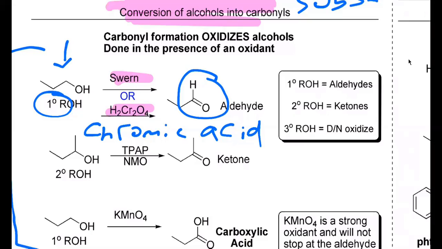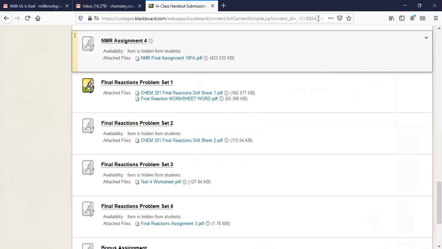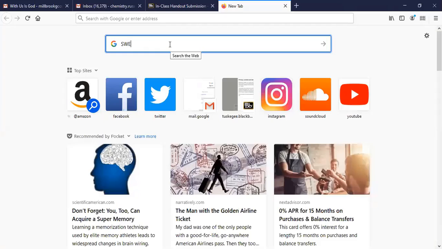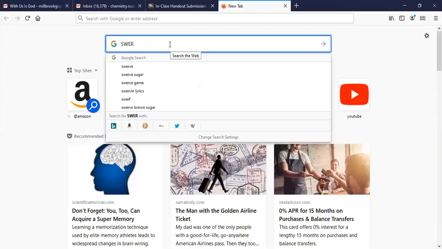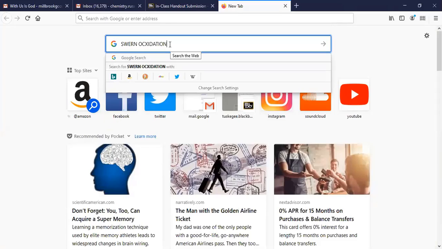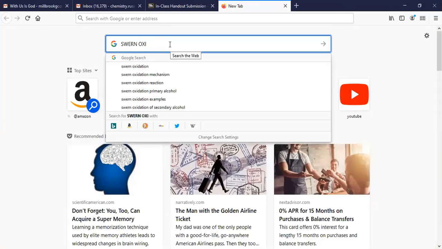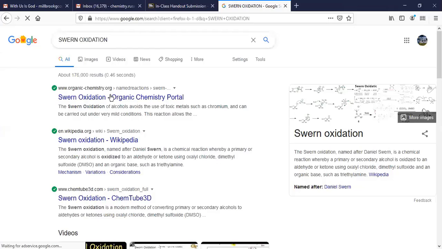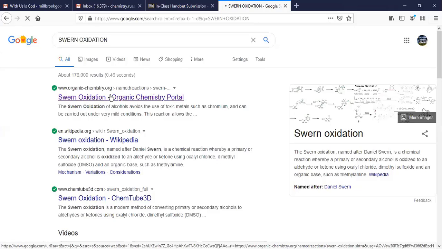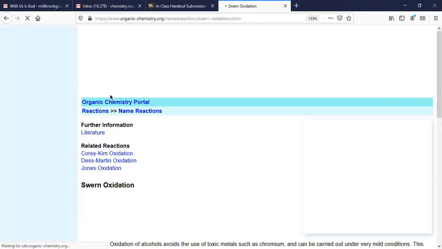All right. Let me switch this right quick because I want to show you the reagents for the Swern. It's a sulfur reagent. It's like DMSO, and I'll just pull it up. You don't have to worry about the mechanism part, but I just want to show you the reagents. Because every time I teach this, I get the same question.